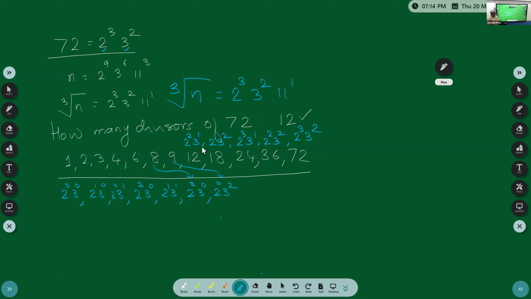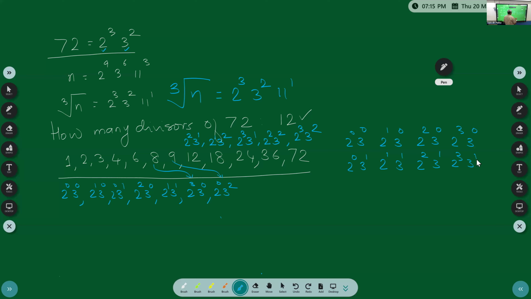If we can write them in disciplined form, let me try. 2 raised to 0, 3 raised to 0, 2 raised to 1, 3 raised to 0, 2 raised to 2, 3 raised to 0, 2 raised to 3, 3 raised to 0. All these four are present in this row. 2 raised to 0, 3 raised to 1, 2 raised to 1, 3 raised to 1, 2 raised to 2, 3 raised to 1, 2 raised to 3, 3 raised to 1.